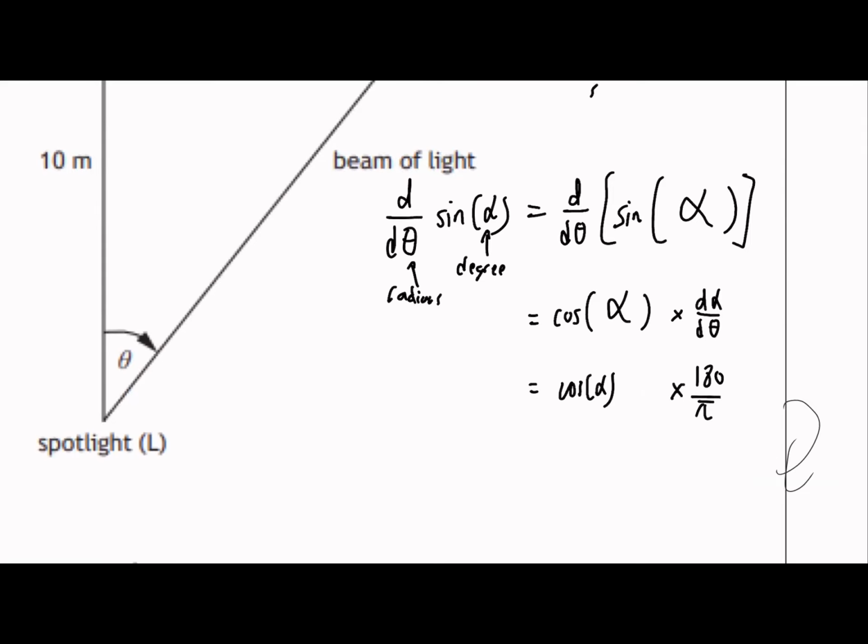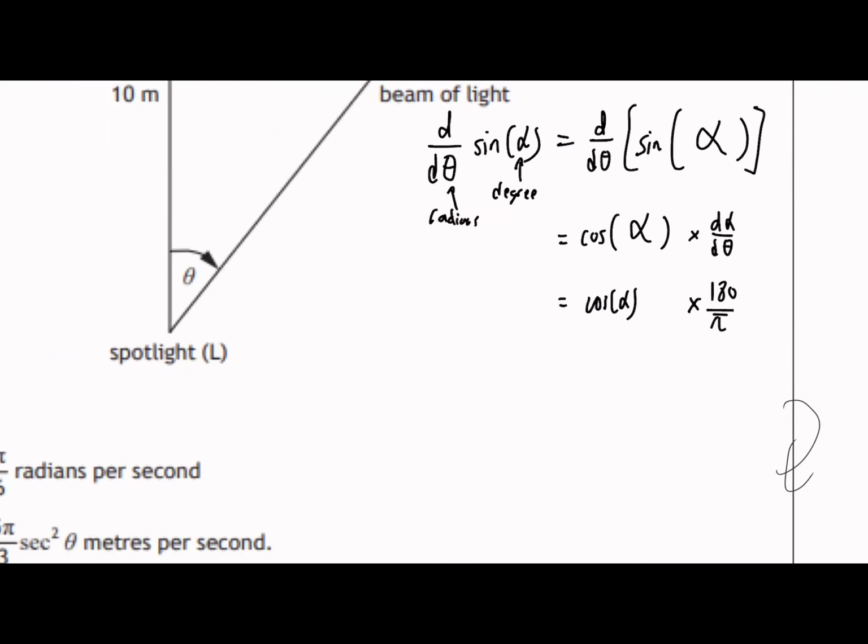Okay, let's try an example. Let's say you d by d theta of cosine alpha. What would this be equal to? Alpha is in degrees.